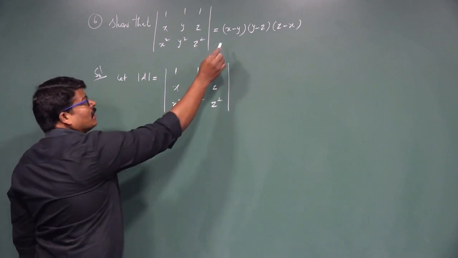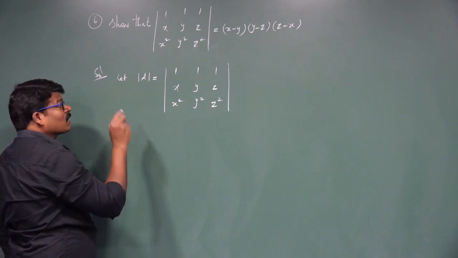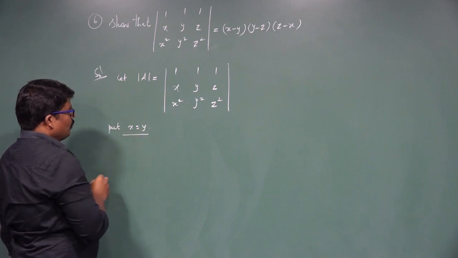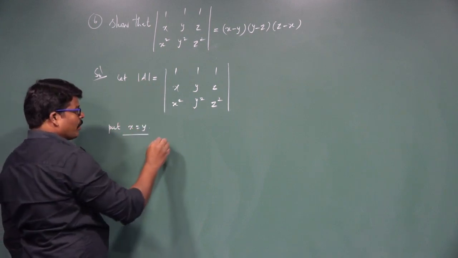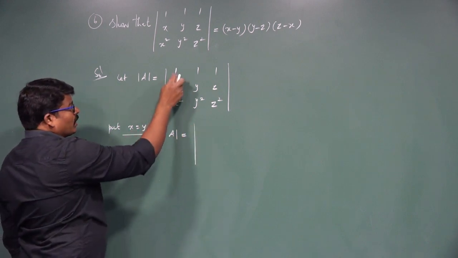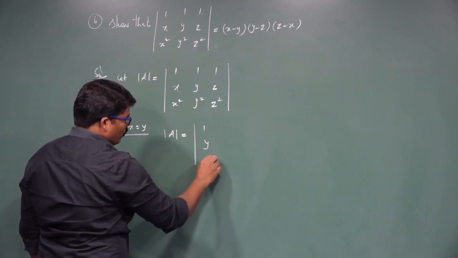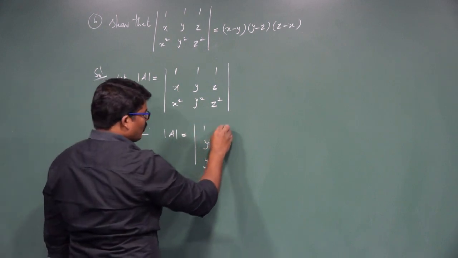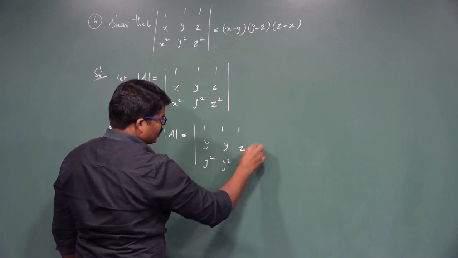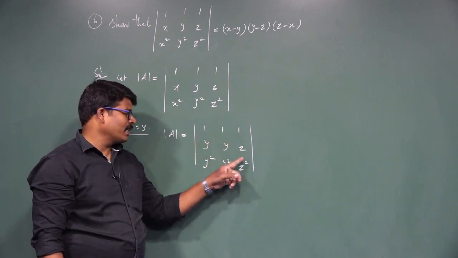Now I am taking x minus y as one of the factors. Put x minus y equal to 0, so x equals y. Substitute x equal to y in the determinant A. Then the columns become 1 y square, 1 y square, 1 z square.